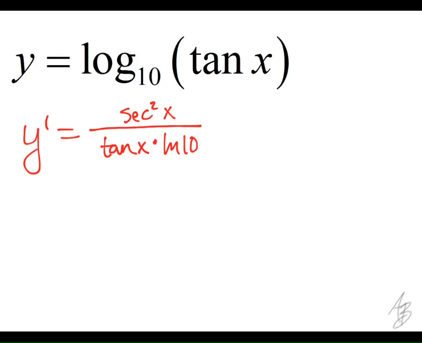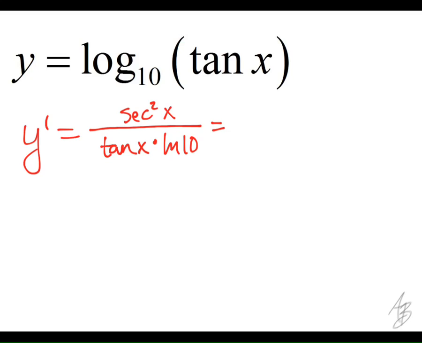What could you do here? Cole? You can do 1 over cosine squared of x, and then take the secant squared of x, make it 1 over cosine squared of x. Then take the tangent, make it sine x over cosine x, and then cancel out the cosine x.